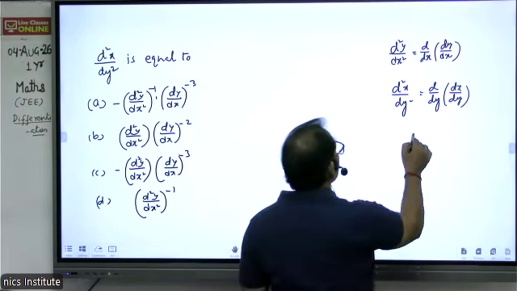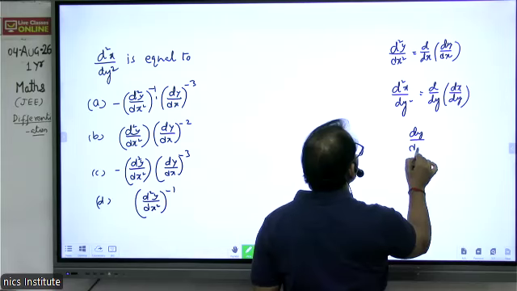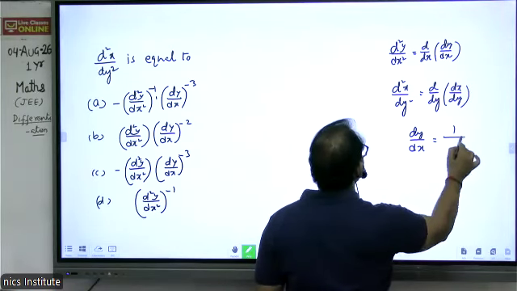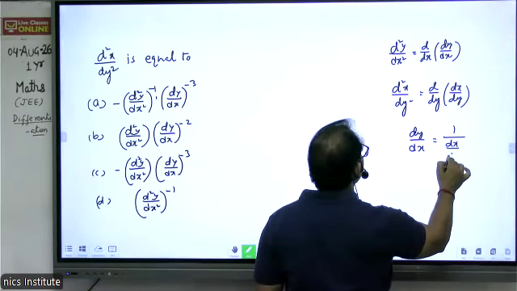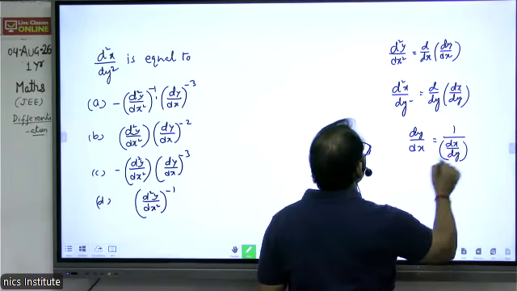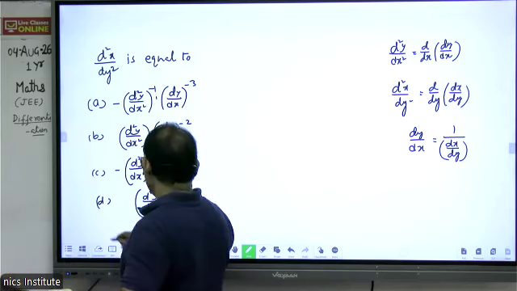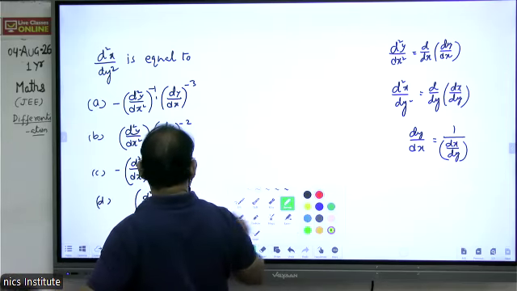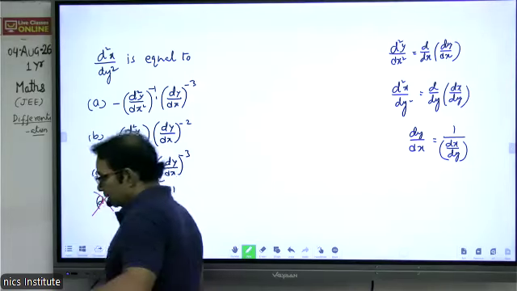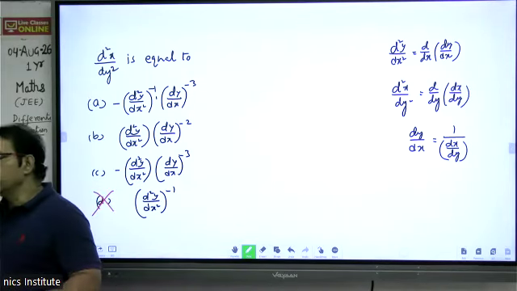Even though dy by dx is the same as 1 over dx by dy, we can't say the same for this. That means option D will be incorrect completely. Option D cannot be the answer.